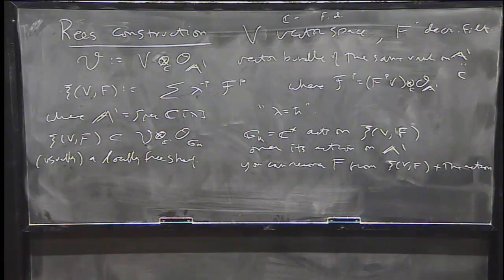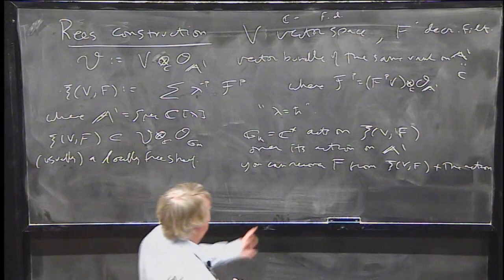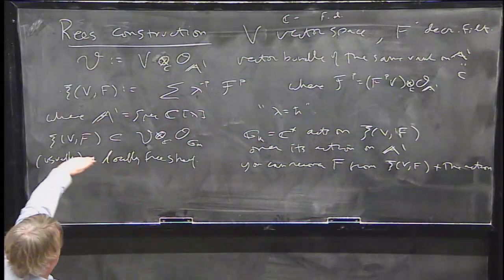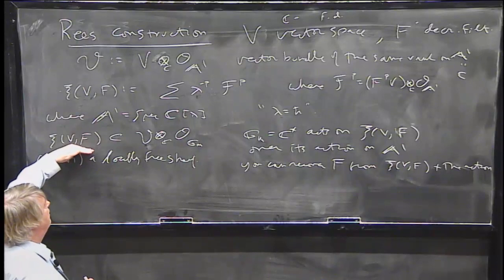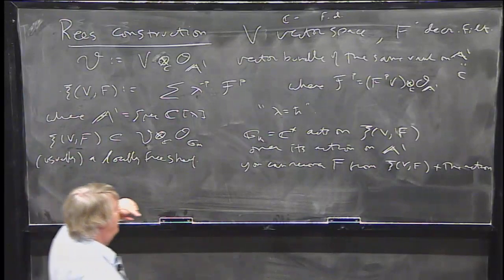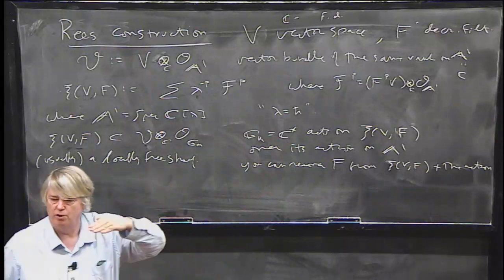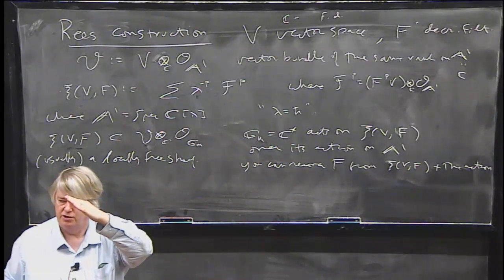And then that's fine. The sections of F are just the things where, in the frame for this thing, when you multiply by the action of C star, it's the sections which have a certain order of growth rate when you go to the origin.